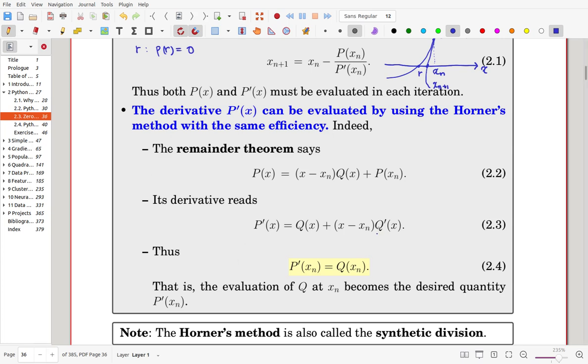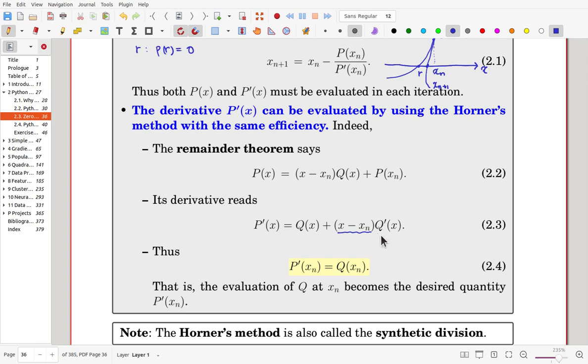No matter what q prime is, since a polynomial does not blow up in a finite interval, if x is xn then the second term is 0. So here we reach p prime(xn) equals q(xn).